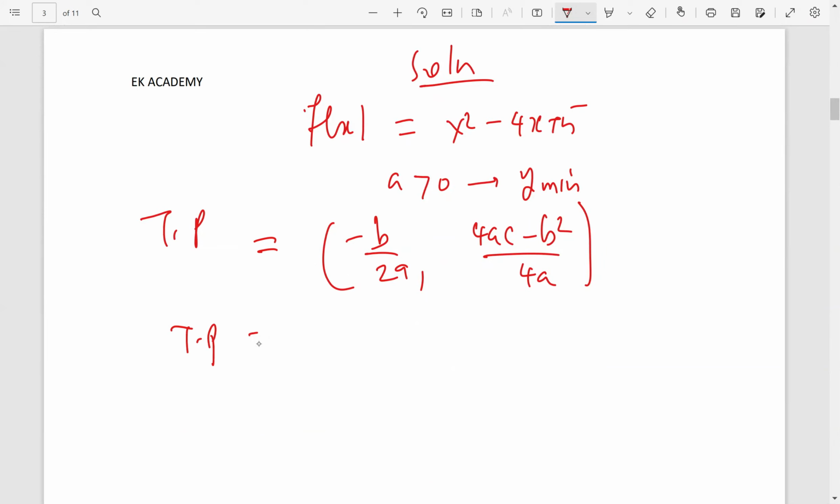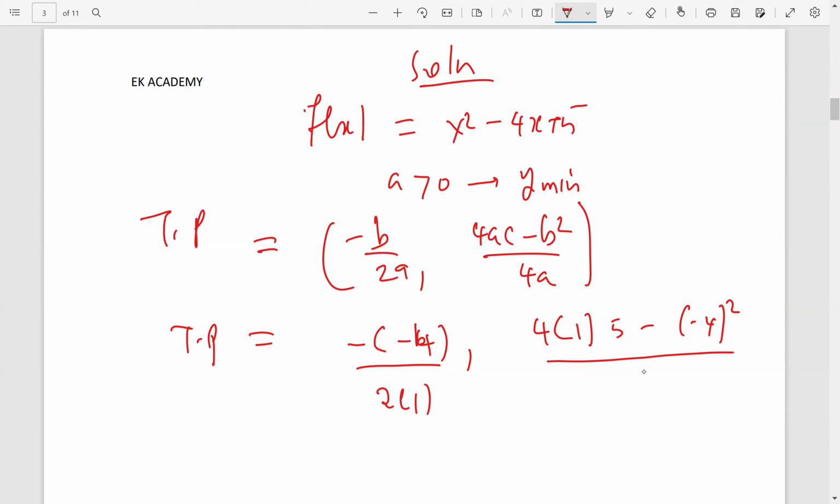So the turning point will be minus b, minus negative 4, over 2 times 1, comma, 4 times a, which is 1, times c, which is 5, minus b squared, negative 4 squared, divided by 4 times 1.